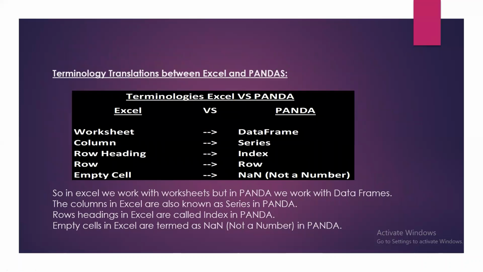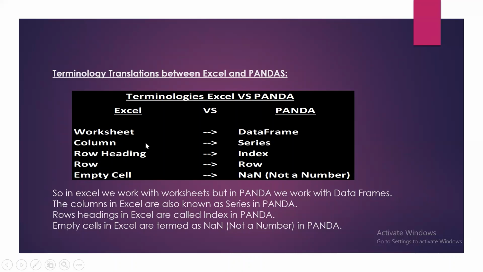Here are some of the terminologies which are interchangeable in Excel and Pandas, or have the same meaning in Excel and Pandas. In Excel, a spreadsheet is usually called a worksheet, but in Pandas, we name it a data frame. In Excel, a column is called a column, but in Pandas, it is called a series or feature.